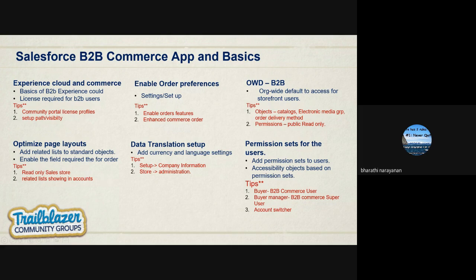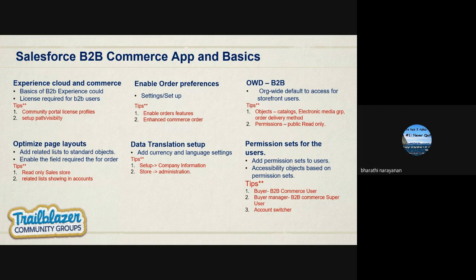During the setup, at the page layout level, you are adding some actions and buttons, and also related lists, into the standard object page layouts. So you have to know which objects we are making page layout changes on, like account, contact, product, and order.